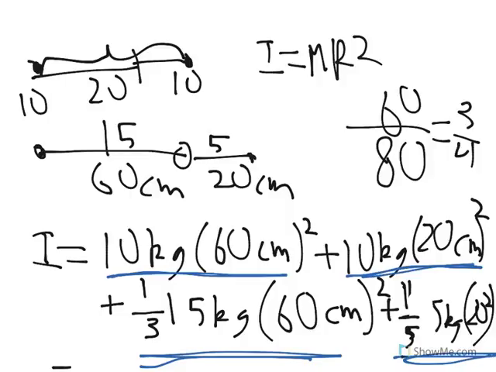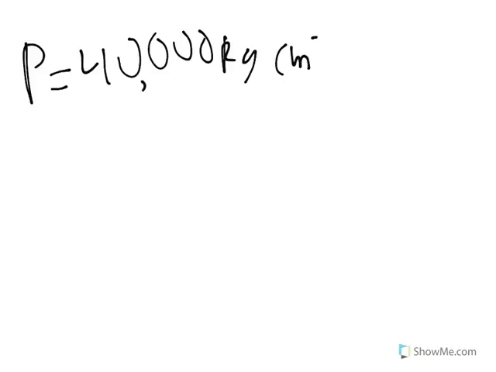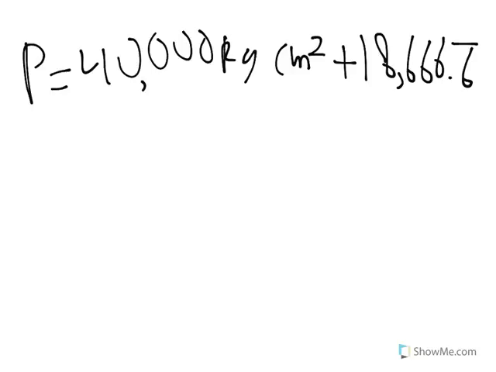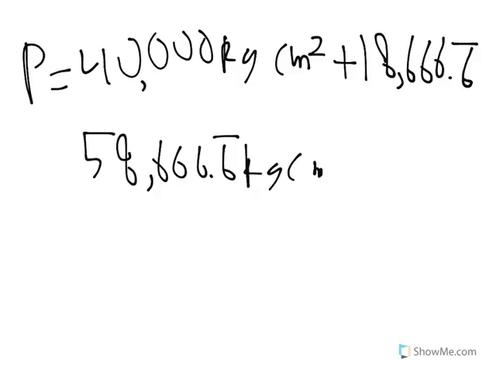And I'll solve it out. You can solve it out with a calculator or try to write it out. Shouldn't be too hard. The first two add up to an even 40,000 kilograms, centimeters squared. And the second two add up to 18,666.6 repeating. So all this adds up to 58,666.6 repeating kilograms, centimeters squared.